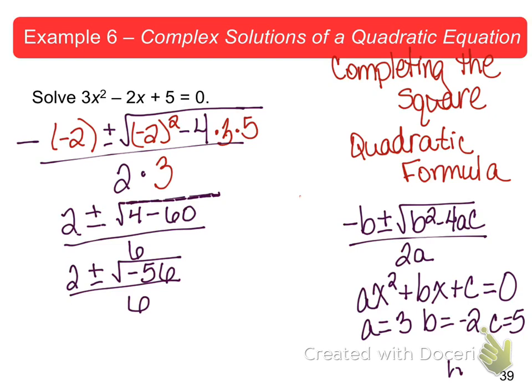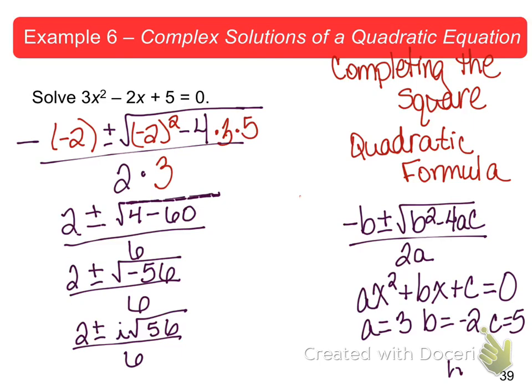I've got 2 plus or minus i times the square root of 56 over 6. Now, do you see up on the board how I have perfect squares written out? 1 squared is 1, 2 squared is 4, 3 squared is 9, 4 squared is 16.